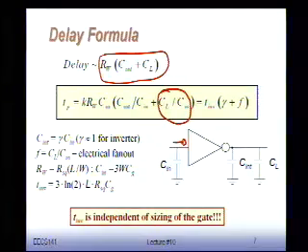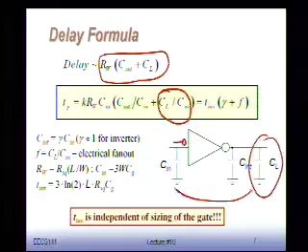I look at my inverter and I see the gate capacitance offered by that inverter. That's Cin. And I have my load capacitance CL. The ratio between those two we call the fan out. It's the transformation ratio of that inversion. It has an input capacitance Cin, and it drives an output capacitance CL. So we just call this ratio F.